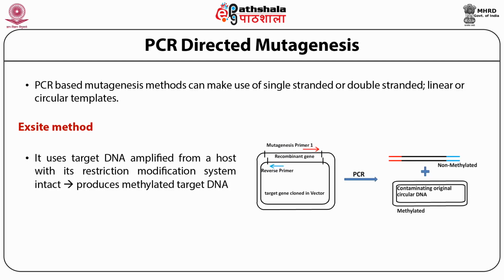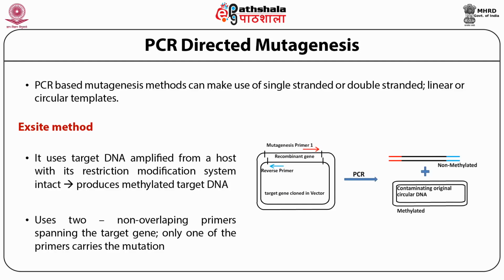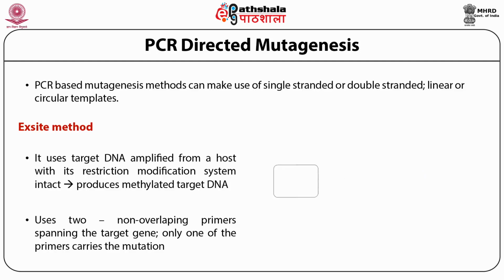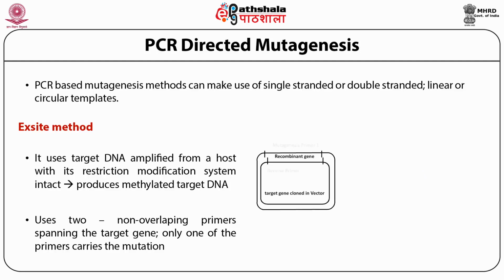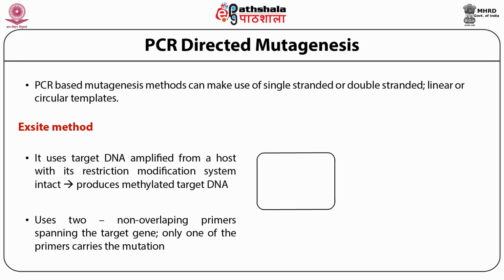This method also uses two non-overlapping primers. As you can see on the slide, they are spanning the target gene. Only one of these primers carries the mutation. So there is one mutagenesis primer 1, and there is a reverse primer. And the target gene, as we can see, is double-stranded here. Now this is subjected to a few cycles of PCR.